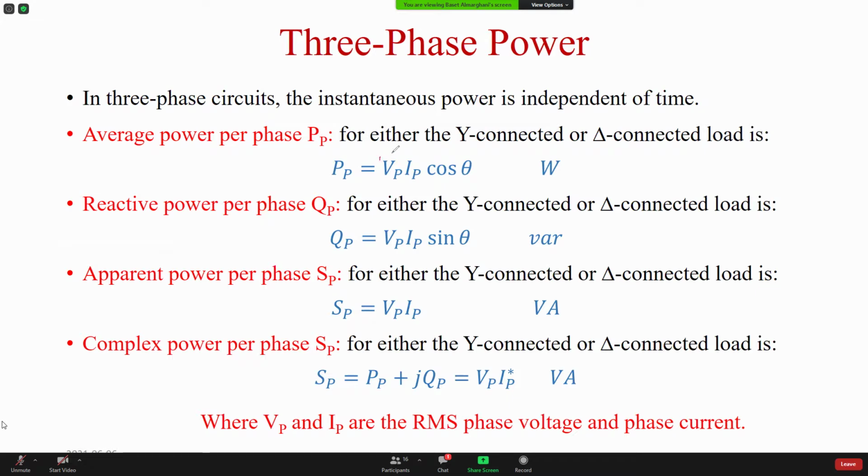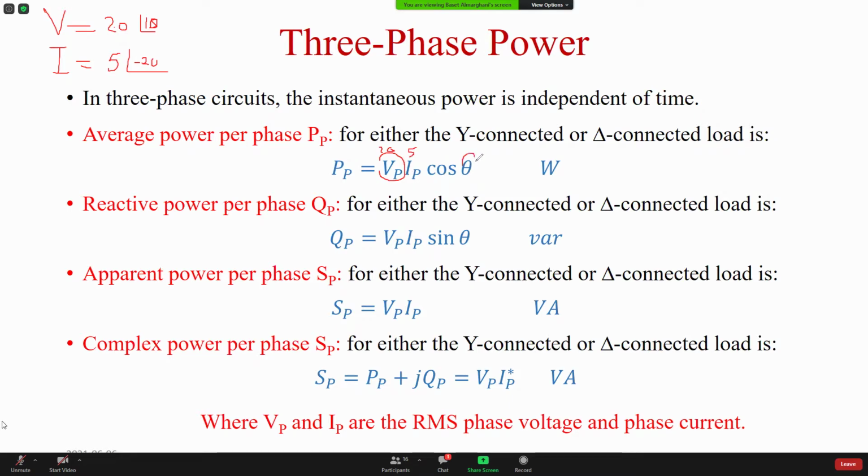If the voltage is 20 angle 5, you only take the 20. If the current is 5 angle, let's make this 10 to make it easier to calculate, and this is, for example, minus 20, we only take 5.